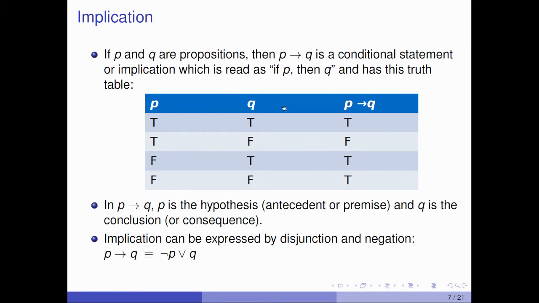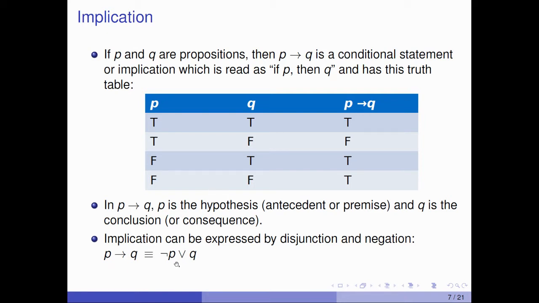Before we discuss this truth table, in P implies Q, or if P then Q, P is the hypothesis, the antecedent or premise, and Q is the conclusion or consequence.